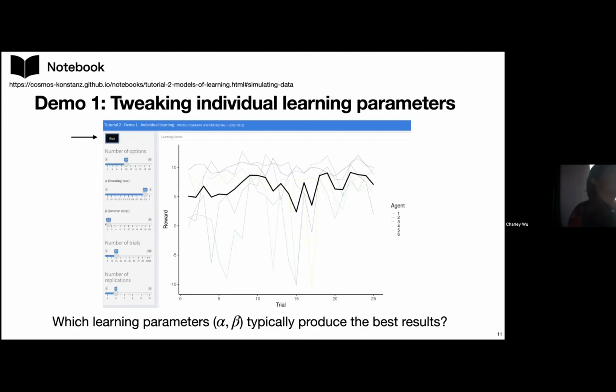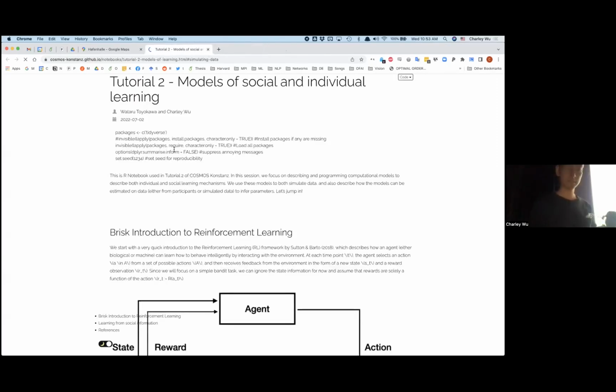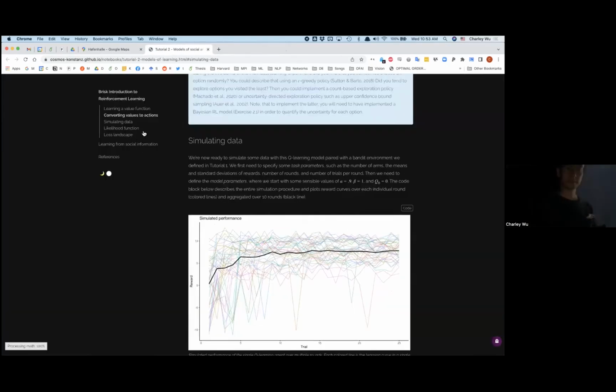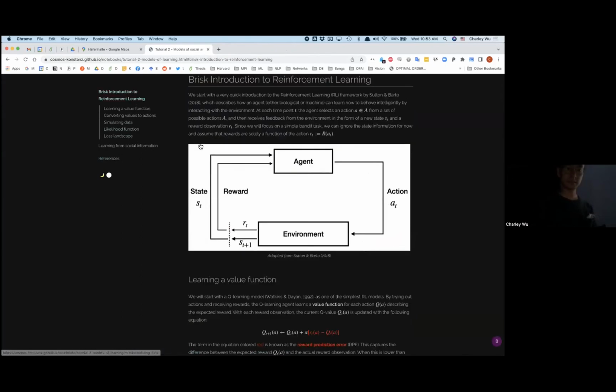So you can observe how increasing the number of options affects the performance, for example. Let's try some simulation and think about the question of how these parameter values affect the behavior patterns or performance.